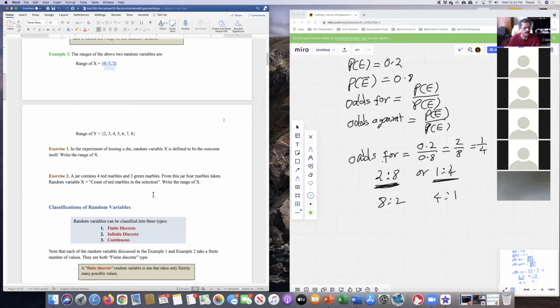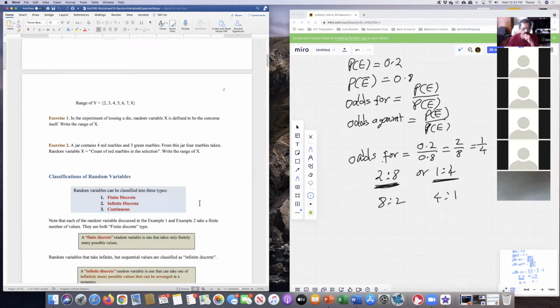No, because we are taking 4 marbles and there are only 3 green marbles, so we cannot have 4 green marbles. So there must be at least 1 red. Therefore, 0 is not a possible value. 1, 2, 3, 4 is correct. Ask a question if you're not following me.